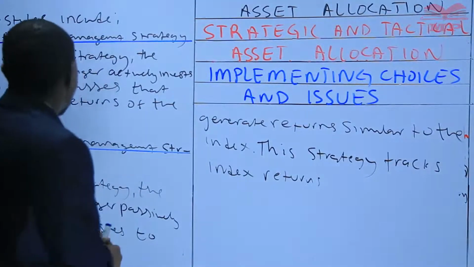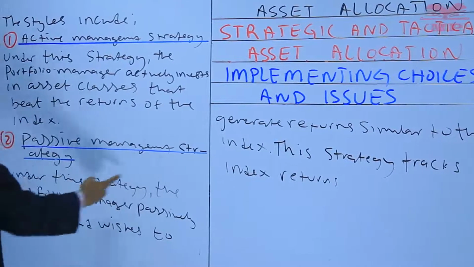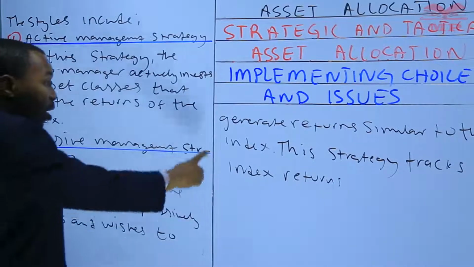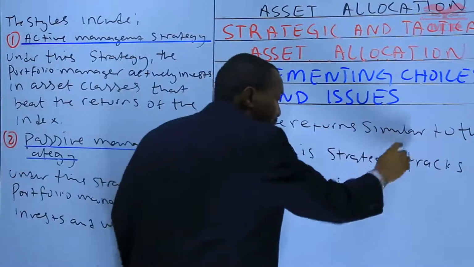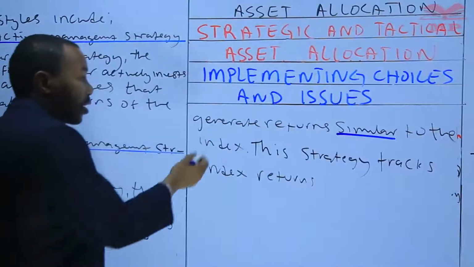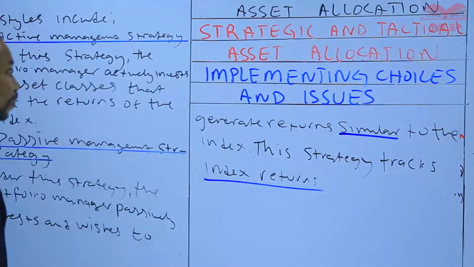So once we have learned about passive management strategy, saying that under this strategy, the portfolio manager passively invests and wishes to generate returns similar to the index, this strategy tracks index returns.